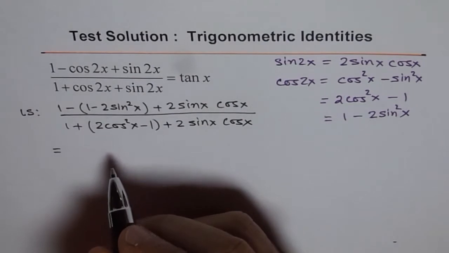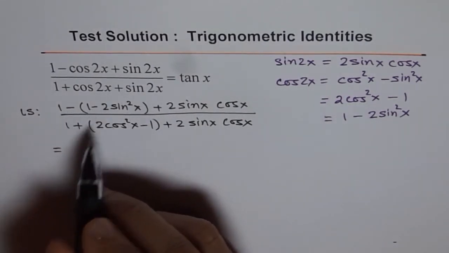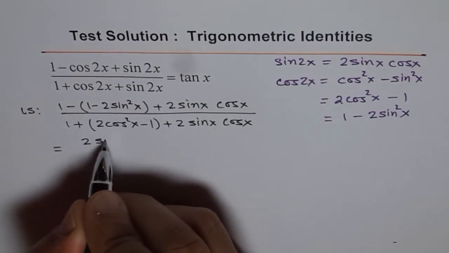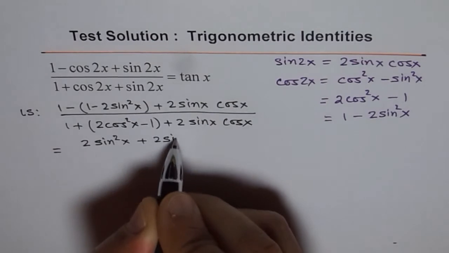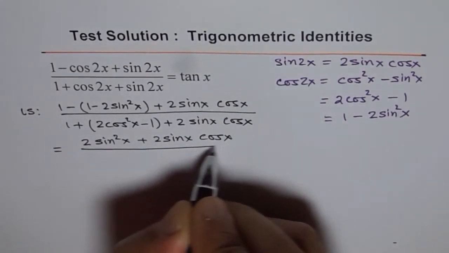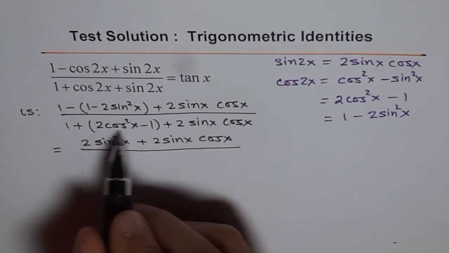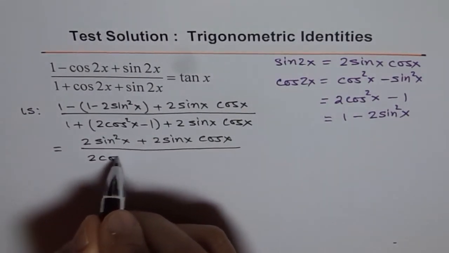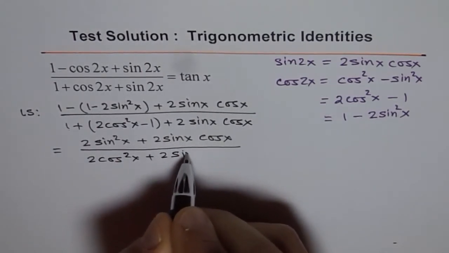It saves time, right? Now 1 minus 1 is 0, but minus of this gives me 2 sine square x plus 2 sine x cos x. Divided by, here 1 minus 1 is 0, we are left with 2 cos square x plus 2 sine x cos x.